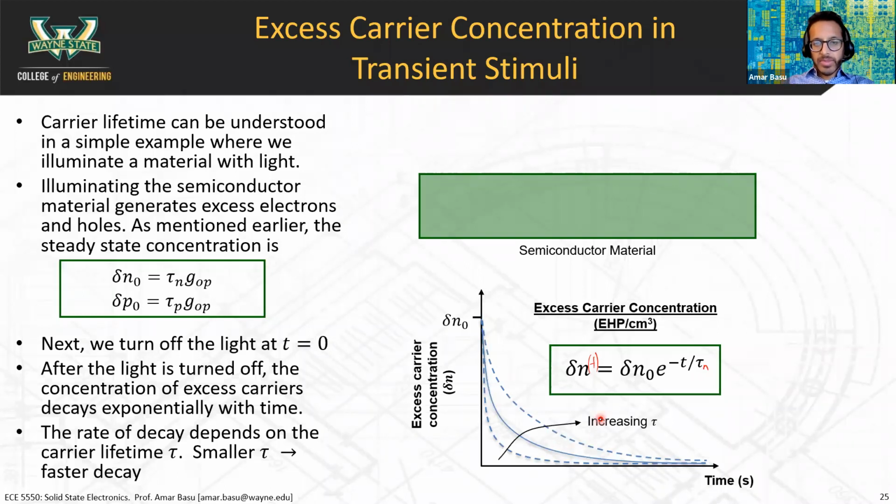All right. So the bottom line here is if you illuminate the material, you generate excess carriers, you turn the light off, you will see an exponential decay in the excess carrier concentration. And it's just this basic inverse exponential function that we often see in engineering and science.